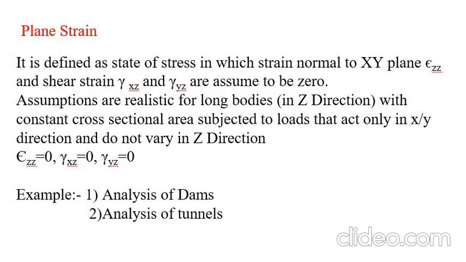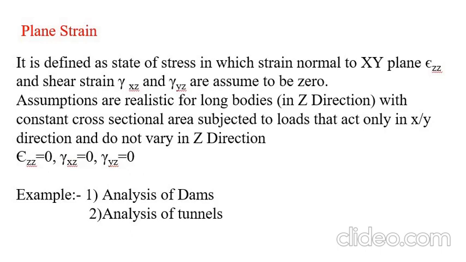Okay, so in semester or end semester exams, there is a question to write a short note on plane stress and plane strain. For this you have to write the definition for plane stress and plane strain, then write down the conditions, meaning which component or parameter is equal to 0 and which is not equal to 0.